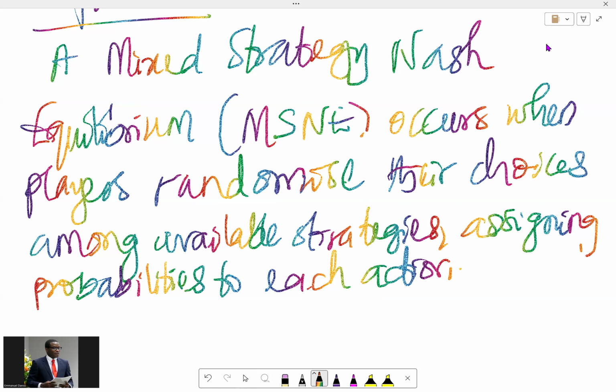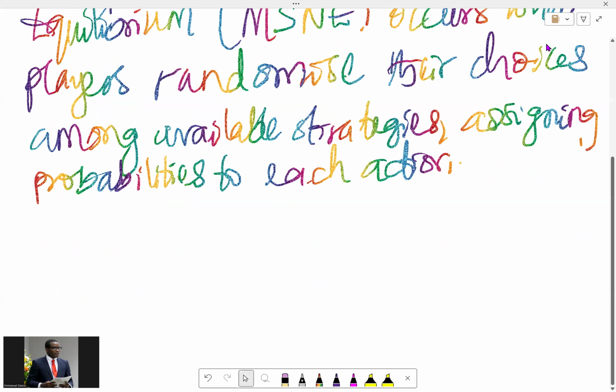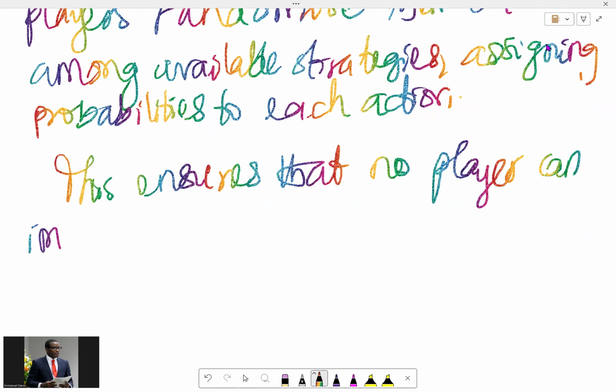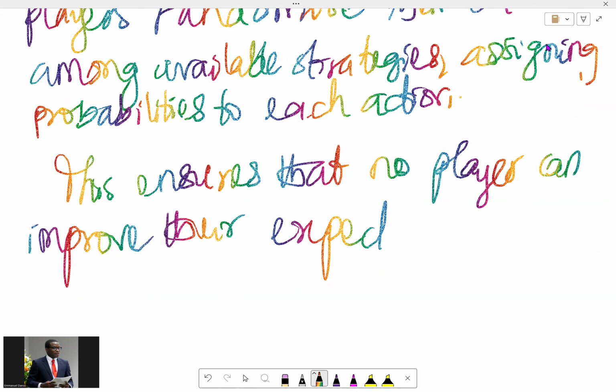So in the case of mixed strategy, we have a probabilistic situation. This ensures that no player can improve their expected payoff. This is the Nash equilibrium part. The probabilistic part is the mixed strategy part, while the part where we ensure that no player can improve their expected payoff is the Nash equilibrium part.